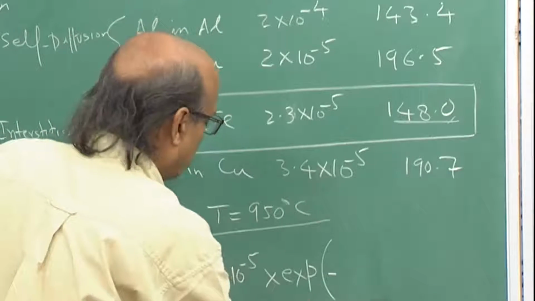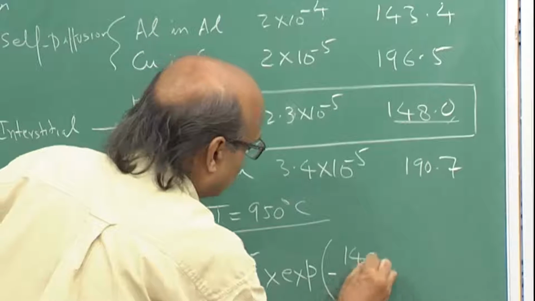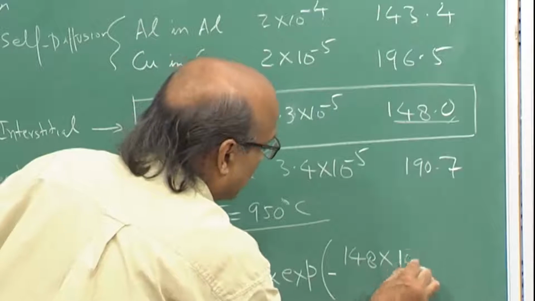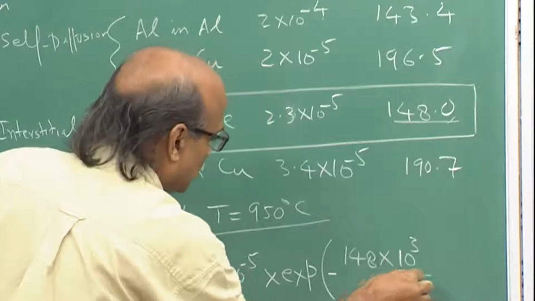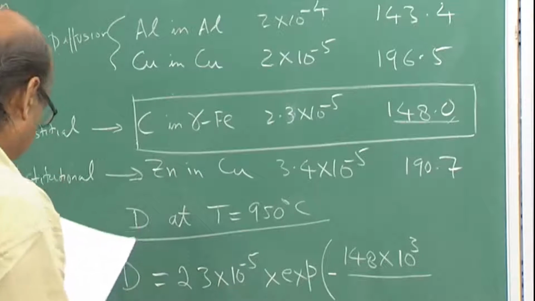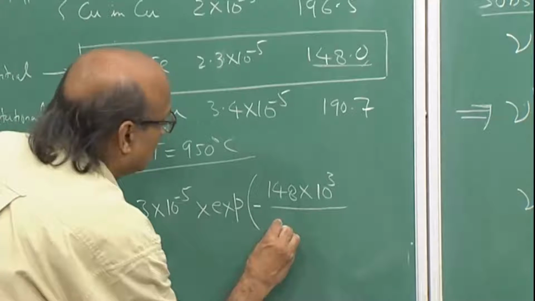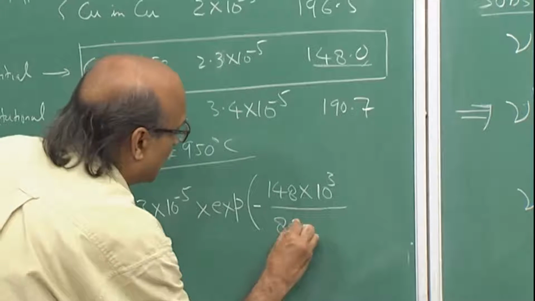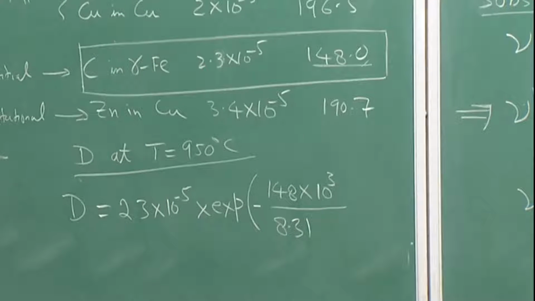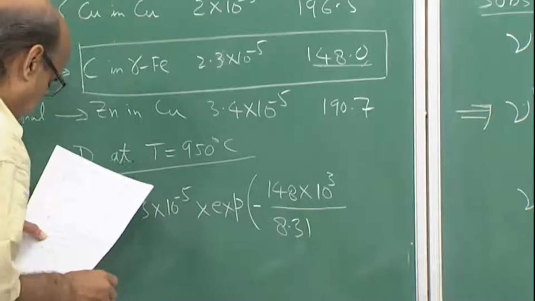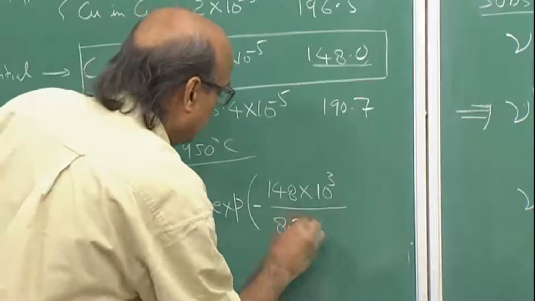148 is the value of Q, but it is in kilojoules, so I have to multiply it by 1000 to convert to joules, divided by the gas constant, which I am going to take as 8.31 joules per Kelvin, times the temperature in Kelvin.